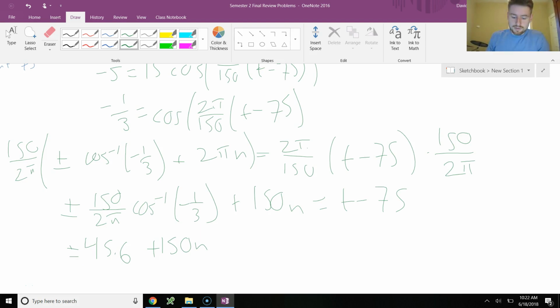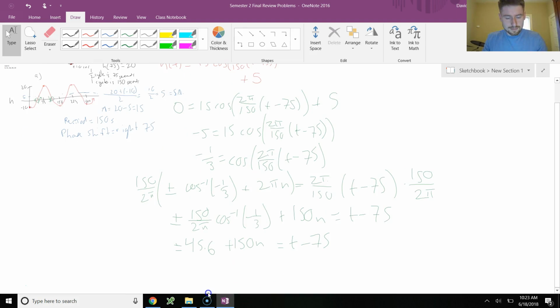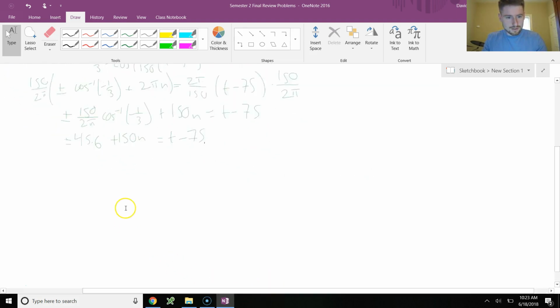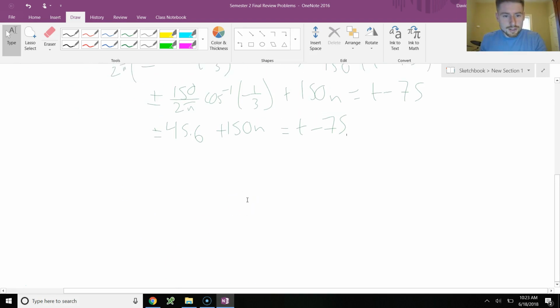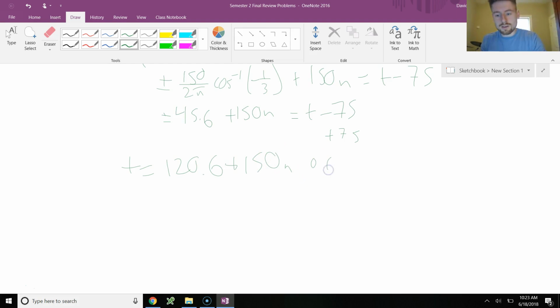And then we add 75 to both of these. So this equals t minus 75, and we add 75 to both sides, so that gives us t equals 120.6 plus 150n, or negative 45.6 plus 75, which is 29.4 plus 150n.